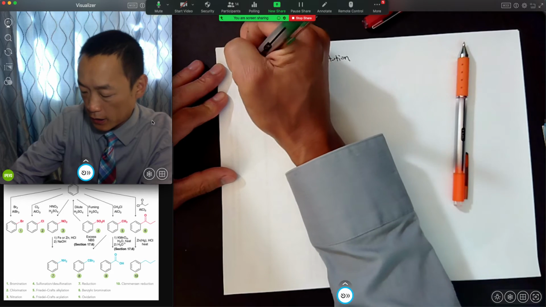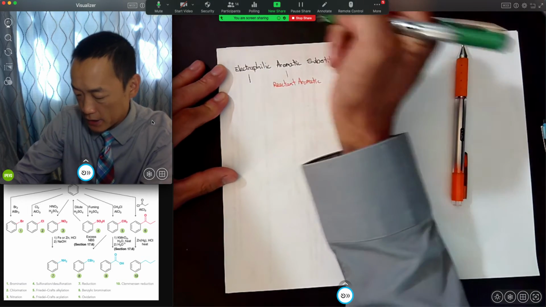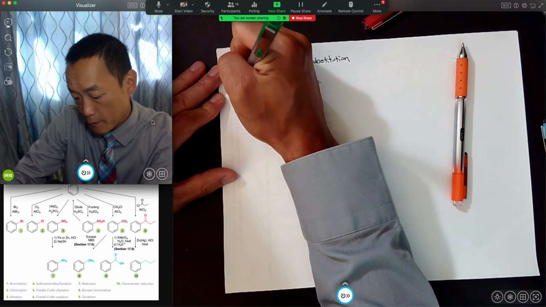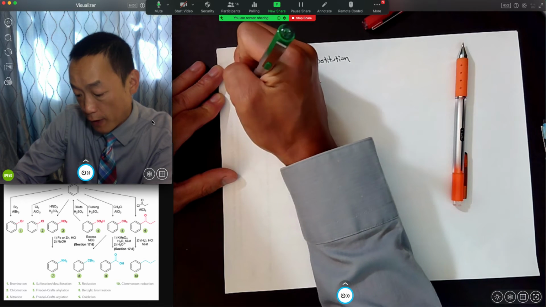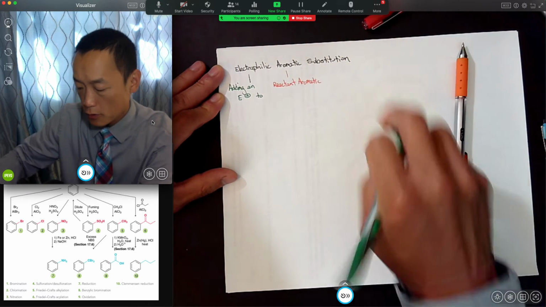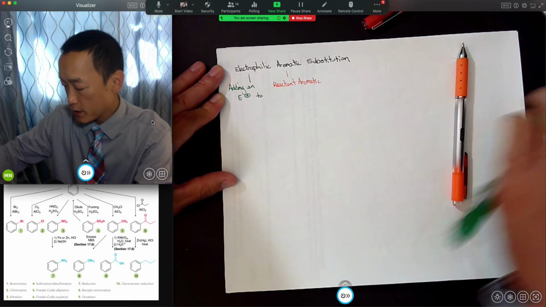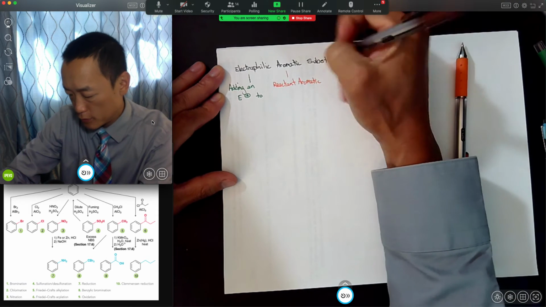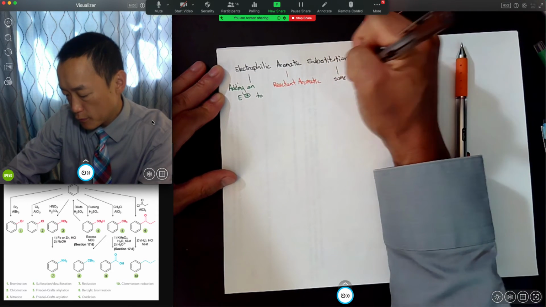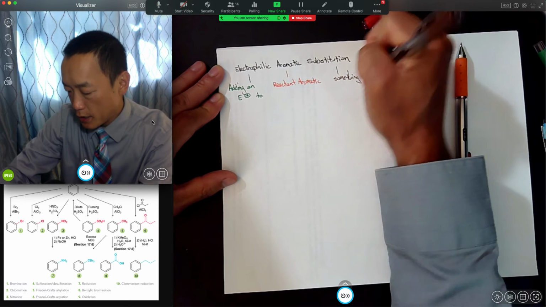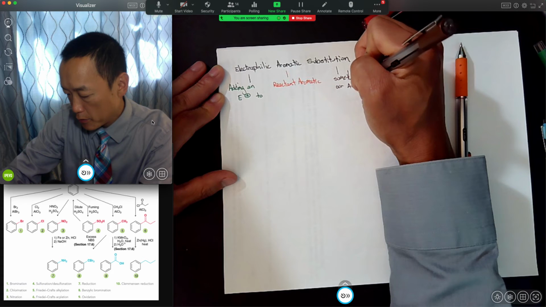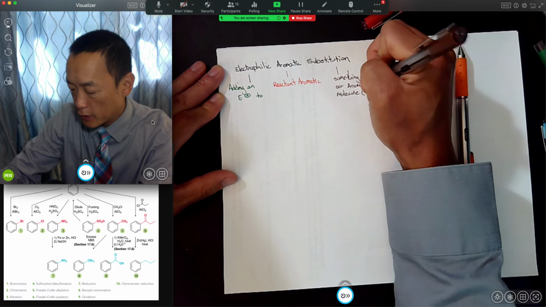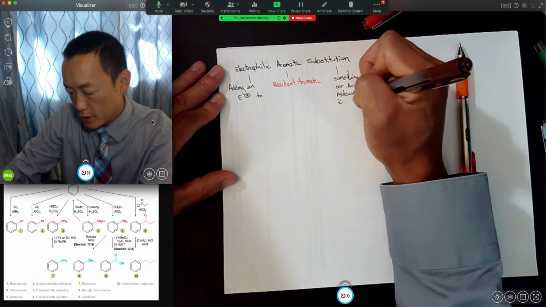Electrophilic means we are adding an electrophile to our reactant that is aromatic, and we are substituting something on our aromatic molecule. Spoiler alert, a hydrogen is replaced.